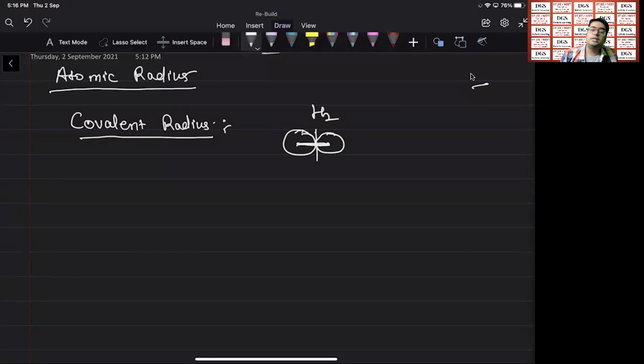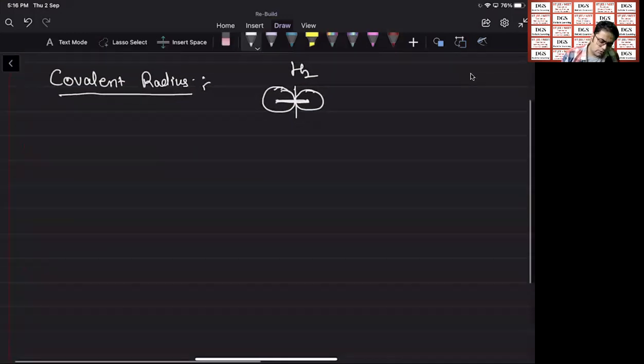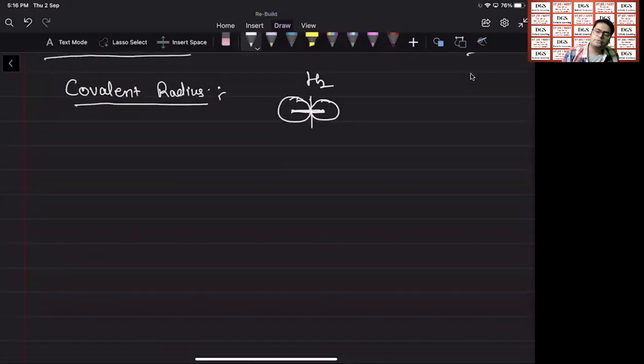My dear students, with the help of X-ray technique, we can actually get a picture of the H2 molecule. And certainly half of the distance between these two combining nuclei can be considered as the atomic radius. As we're taking this out of a covalent bonded situation, this is better known as the covalent radius. So how can we define the covalent radius?